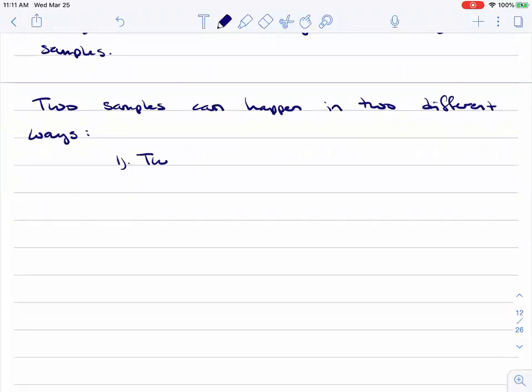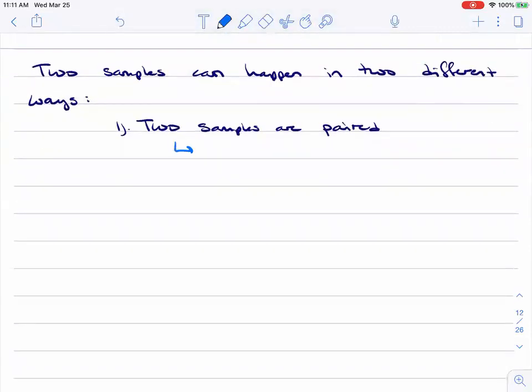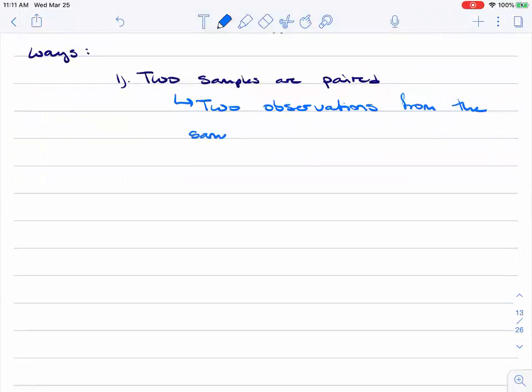So if the two samples are paired, okay, what this means is that we've got two observations from the same individual.